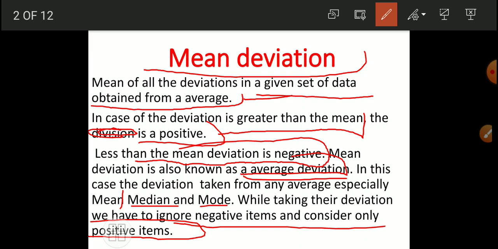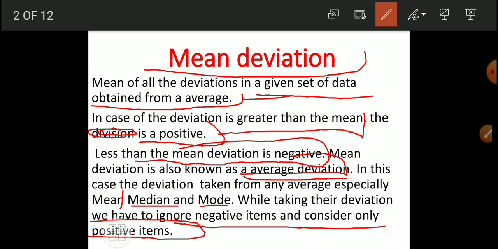If the deviation is greater than the mean, that deviation is positive. If the deviation is less than the mean, then it is to be considered negative.